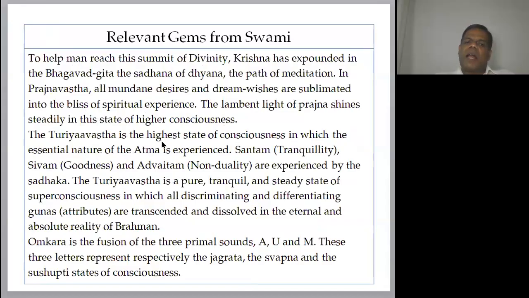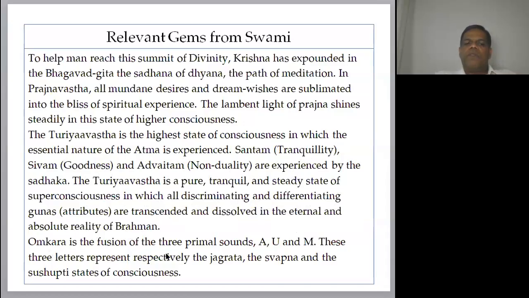The Turyavastha is the highest state of consciousness in which the essential nature of the Atma is experienced. Shantam, tranquility, Shivam, goodness, and Advaitam, non-duality, are experienced by the sadhaka. The Turyavastha is a pure, tranquil, and steady state of superconsciousness, in which all discriminating and differentiating gunas, attributes, are transcended and dissolved in the eternal and absolute reality of Brahman.